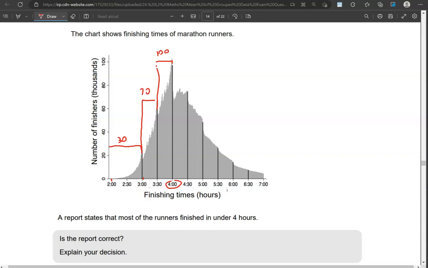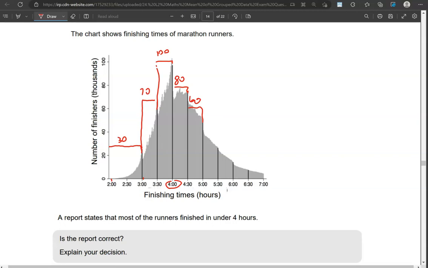Whereas between 4 and 4:30, or 4.5 hours, that is roughly 80,000. Between 4.5 and 5 hours, that is roughly 60,000.